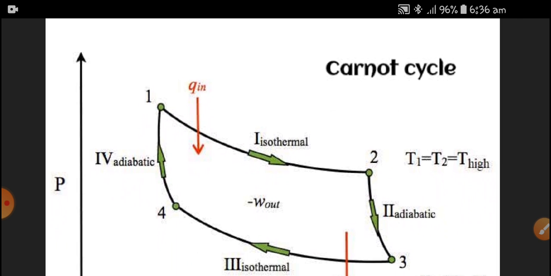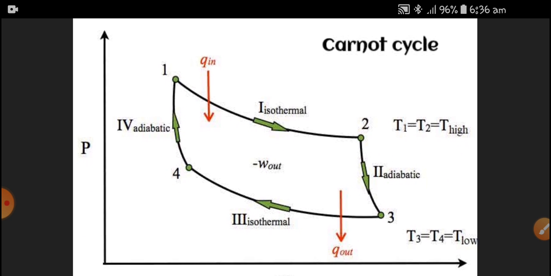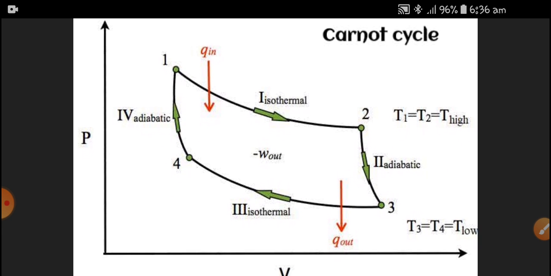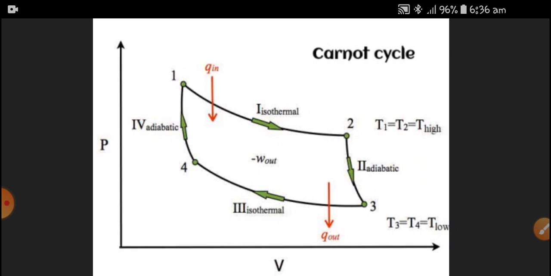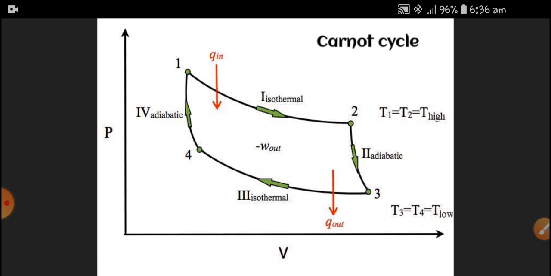If I say ideal cycle, you will be reminded of the Carnot cycle. Here we are going to discuss the PV diagrams only, with pressure on the y-axis and volume on the x-axis. Volume is the independent variable, pressure is the dependent variable. The cycle starts with isothermal compression and adiabatic heat addition, isothermal expansion and adiabatic heat rejection.